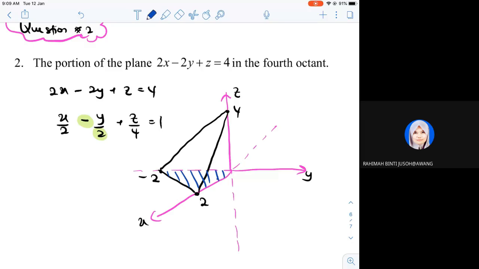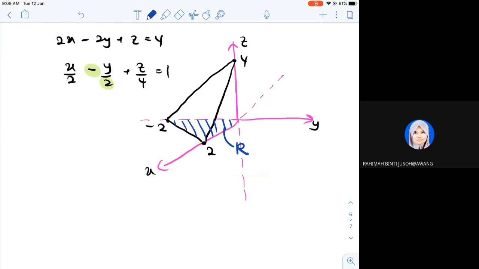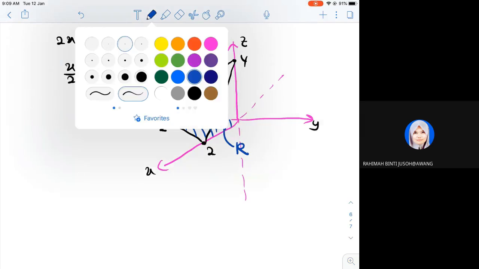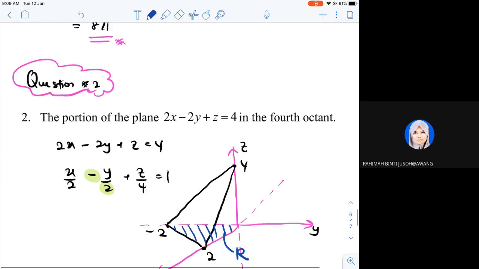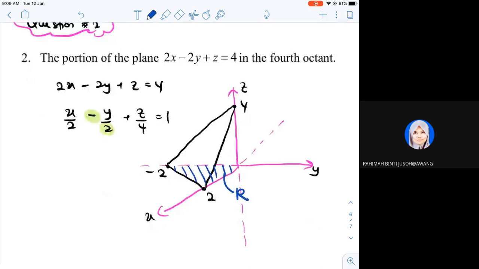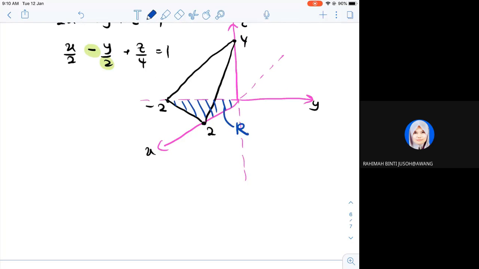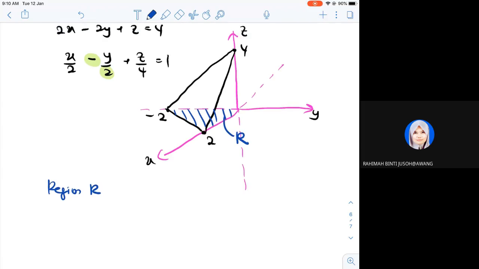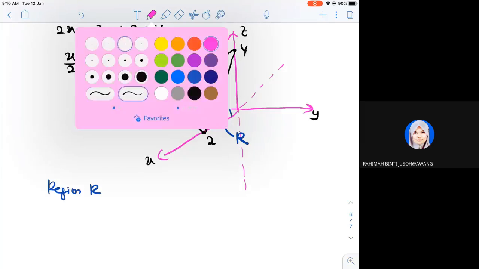So the blue color here, the region here is region R. Okay, so if we sketch region R, betul tak ni dekat 4th octant? Betul lah, 4th octant. First, second, depan, belakang, depan balik. Macam tu. So region R must be the blue color here.